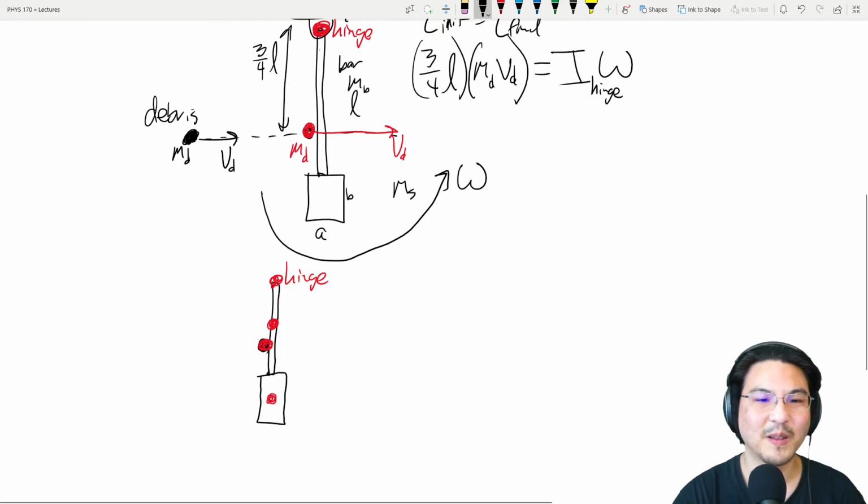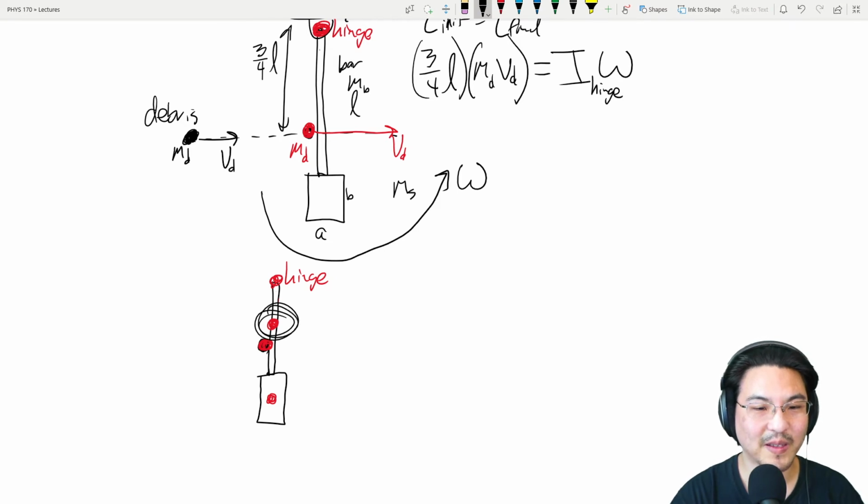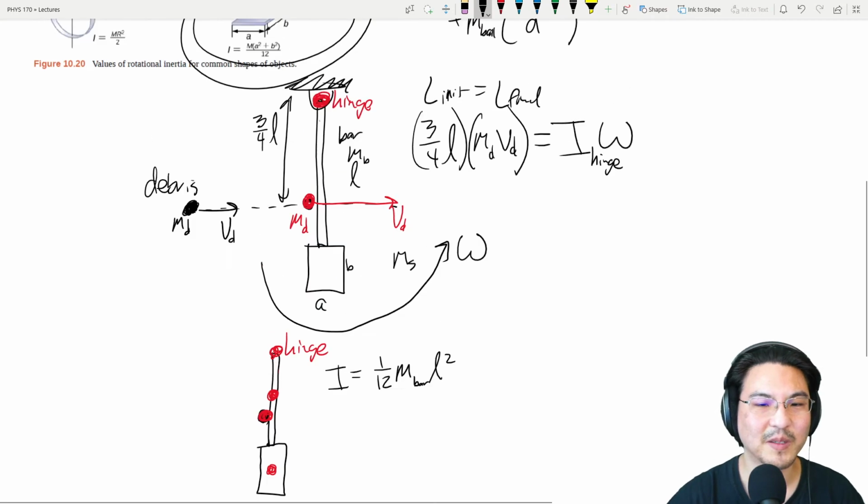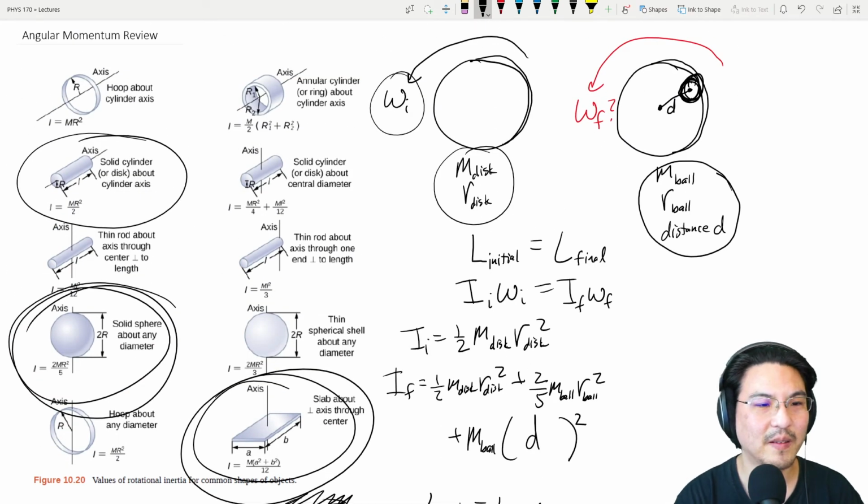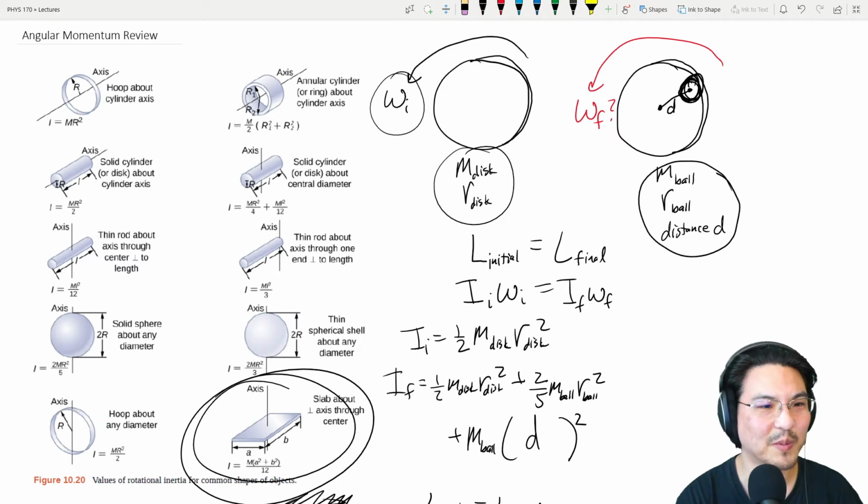Okay, so for the bar, the moment of inertia is 1/12 m L squared, which I got from the previous problem.